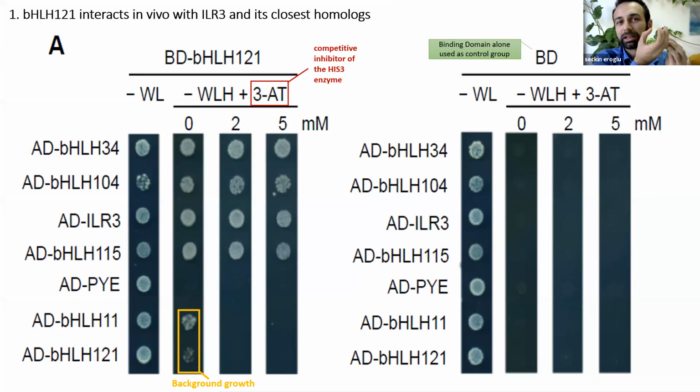If anything binds to that, all these proteins will also come, okay? Then they used MS methods to identify which proteins are in the mixture with ILR3. And then BHLH121 came. Thanks, hocam.